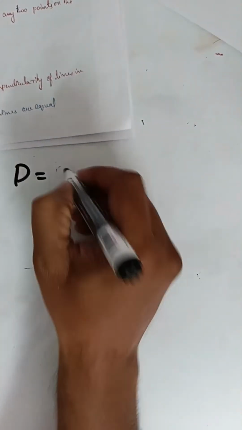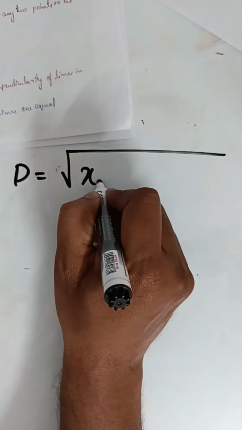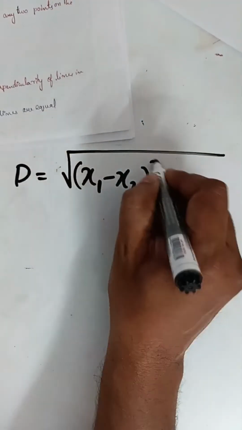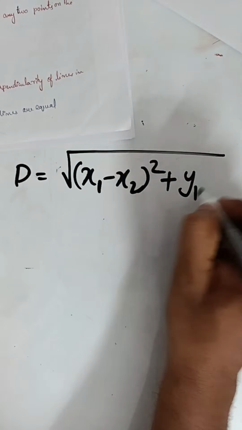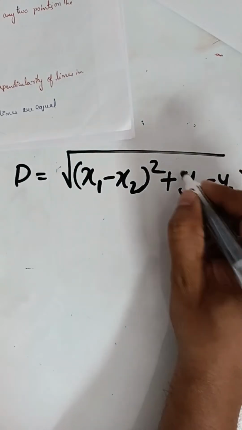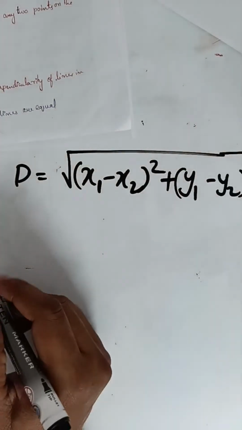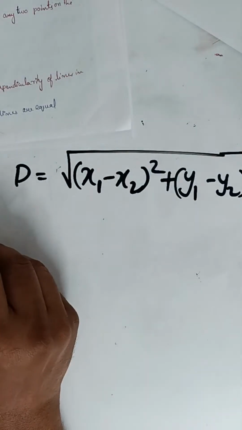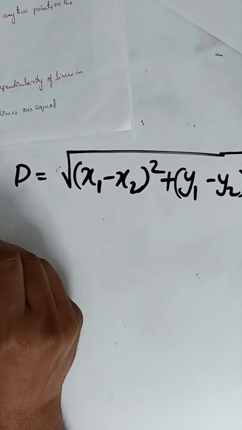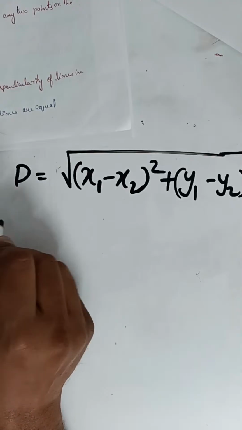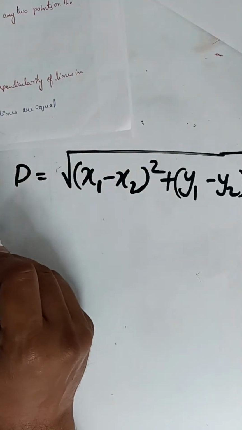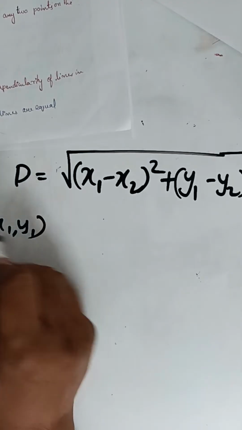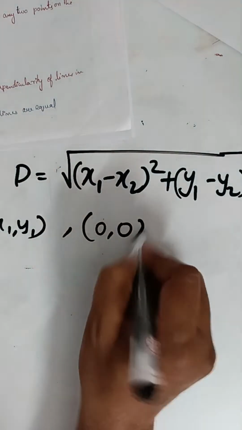As we saw just a few minutes back, the distance formula is d equals square root of x1 minus x2 whole square plus y1 minus y2 whole square. But now, one point is the origin. First is x1, y1, suppose, and the second point is the origin, 0 comma 0.